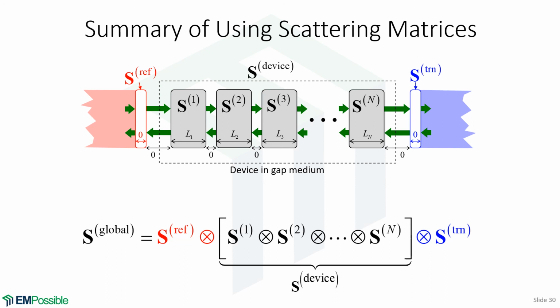But there are times when maybe we don't want to do that, in which case we have to include this reflection side scattering matrix and the transmission side scattering matrix to connect it to the outside world. When we do that, we get our global scattering matrix. And now we're ready to finish the problem, which is something we need to talk about in a later lecture.